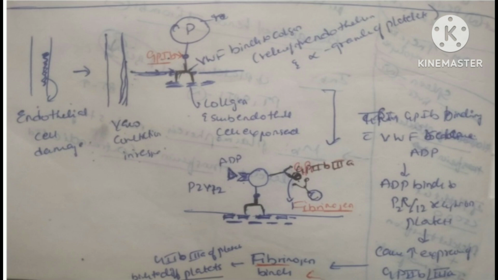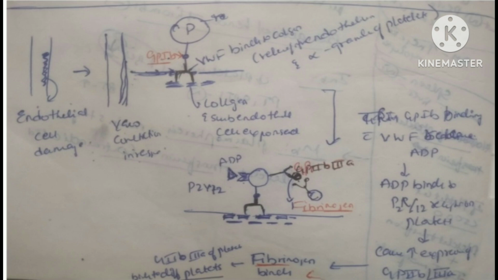This process, the GP1B von Willebrand factor binding to the collagen, will release ADP. This ADP binds to another receptor called the P2Y12 receptor, which is present on the platelets. This process, the binding of ADP to the P2Y12 receptors, as you can see in the image below, will cause expression of GP2B3A receptors.